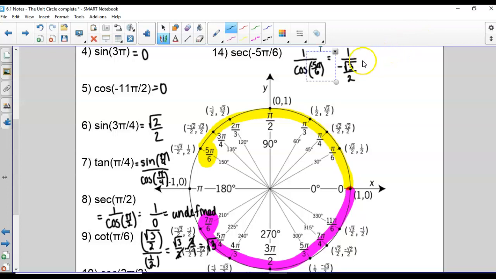Okay, and dividing fractions is easy as pie. Flip the second and multiply, so 1 times negative 2 over root 3. So we get negative 2 over root 3. But we can't leave it like that because it's got a square root in the bottom, so we're going to rationalize. So we will get negative 2 square root of 3 over 3.